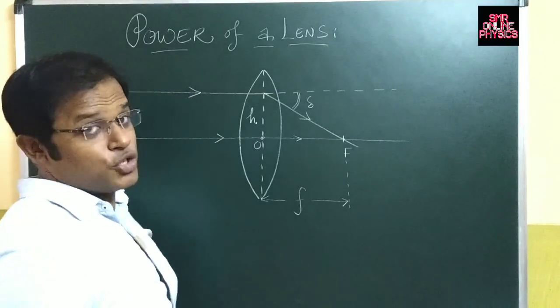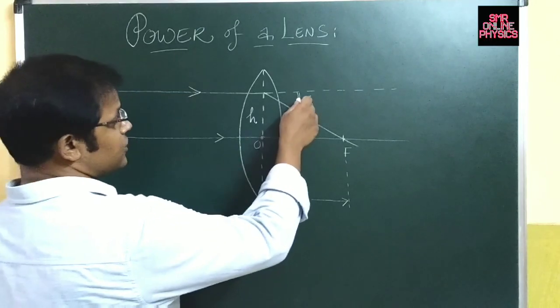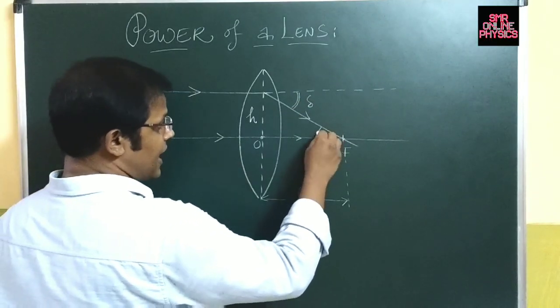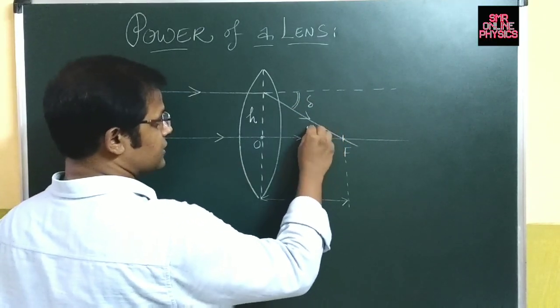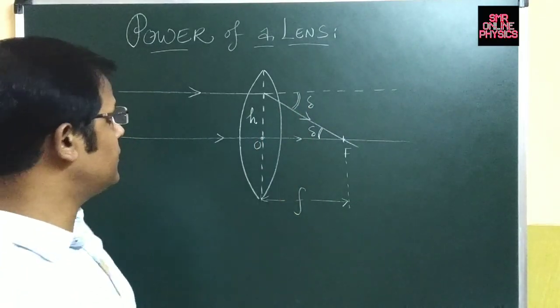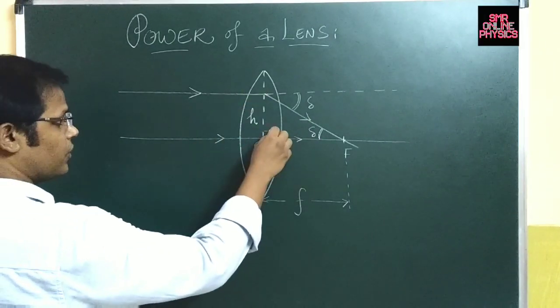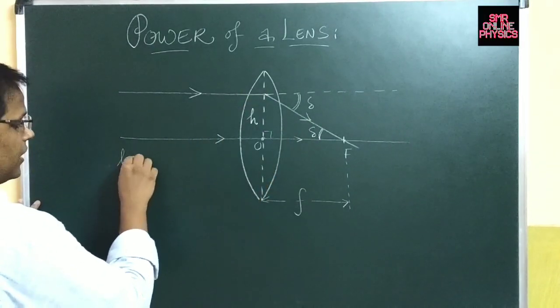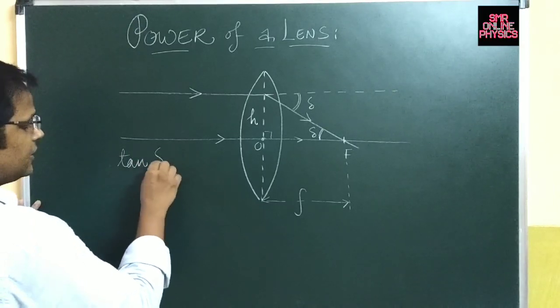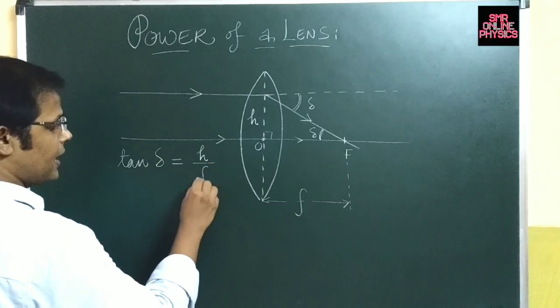Now it's all about geometry. We are talking about ray optics. If this is your delta, then this angle also has to be delta. We can take a measure of this delta as simply as this. From this right-angled triangle, I find tan delta should be equal to h by f.